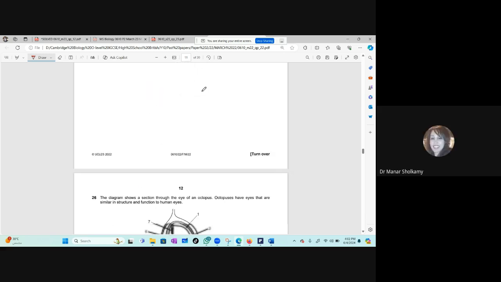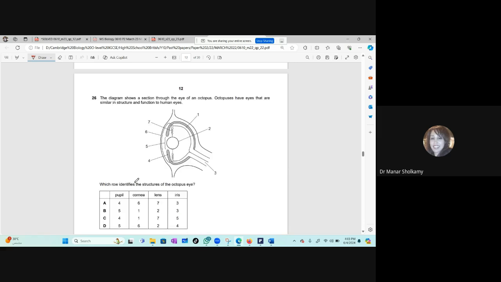Okay. The diagram shows a section through the eye of an octopus. Octopuses have eyes that are similar in structure and function to human eyes. Which row identifies the structure of the octopus eye? Now, what is the pupil? Look at the numbers 1, 2, 7, 6, 5, or 4.